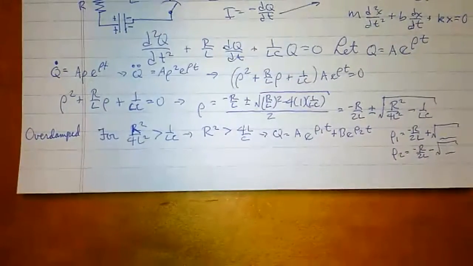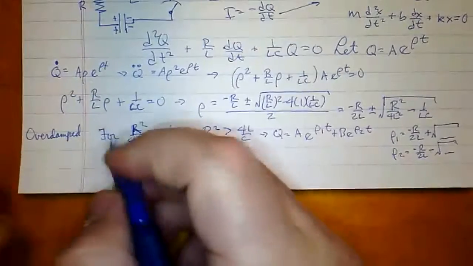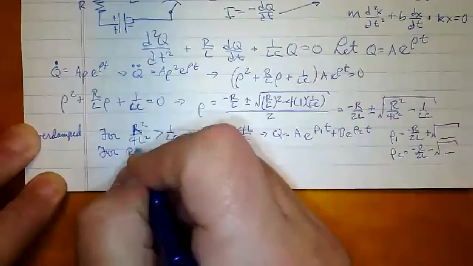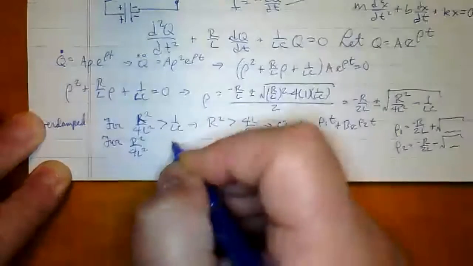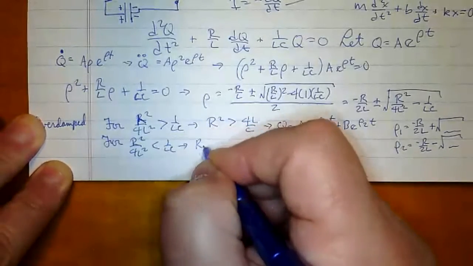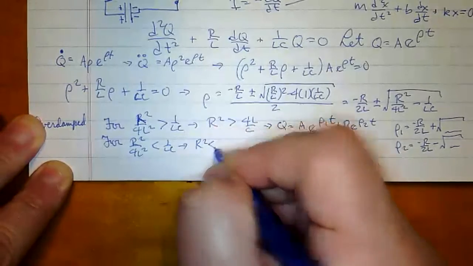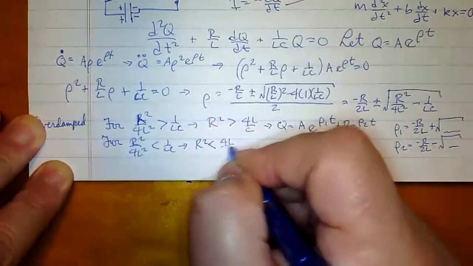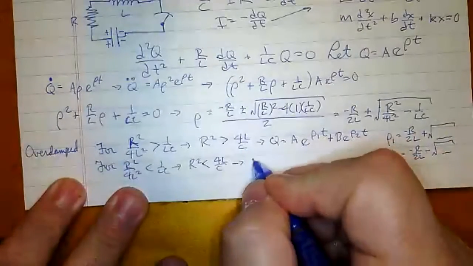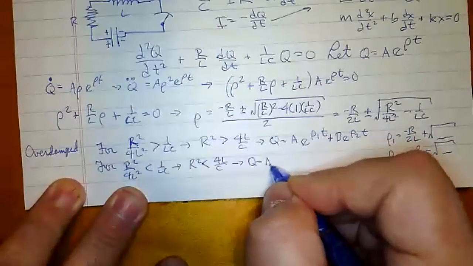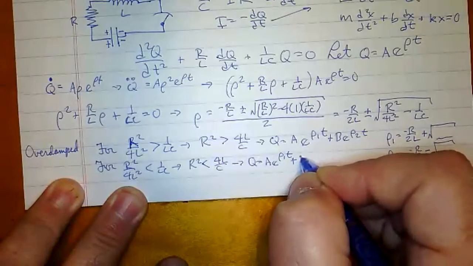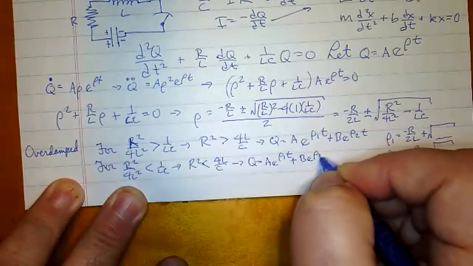And then there's another case, for R squared over 4L squared less than 1 over LC, which means R squared is less than 4L over C. Well, in that case, we get Q equal to A e to the rho 1 t plus B e to the rho 2 t.